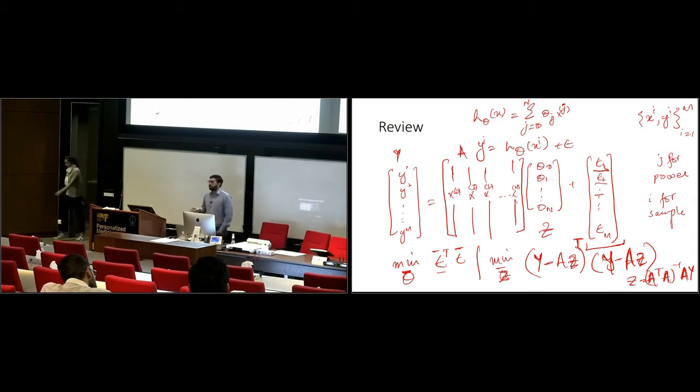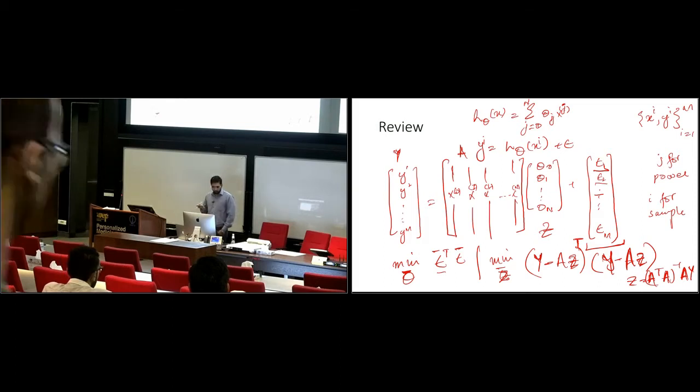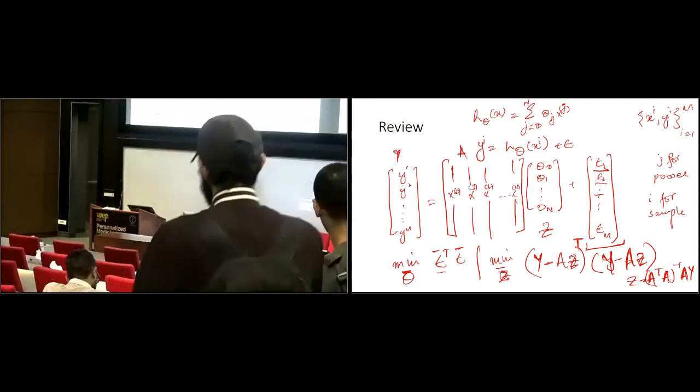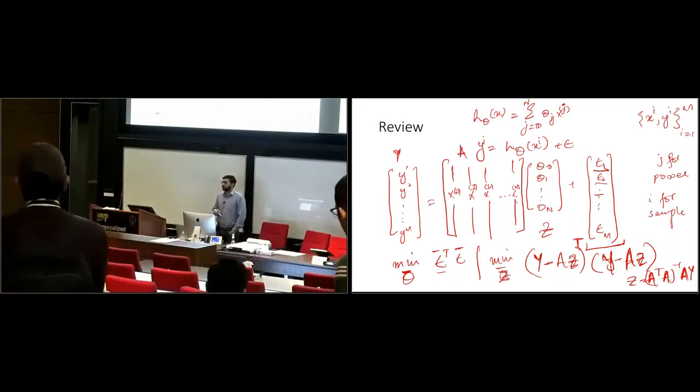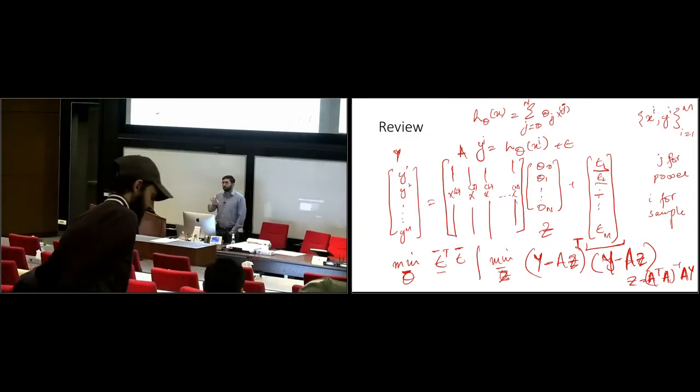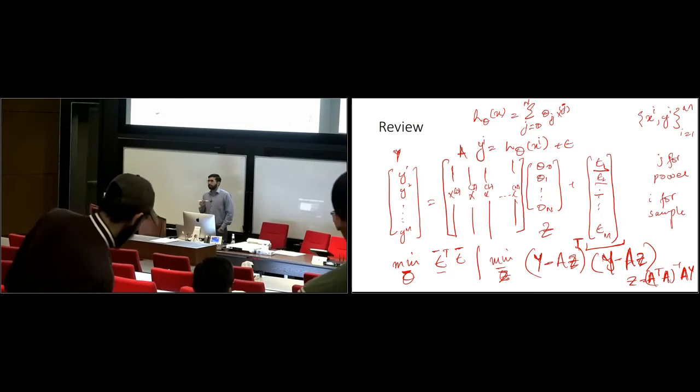That's linear least squares, one of the simplest forms of linear regression, and we can find the optimum weights of polynomial bases to fit some data that we have observed. So that was just a review of what we did yesterday.